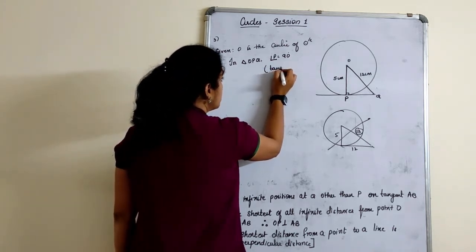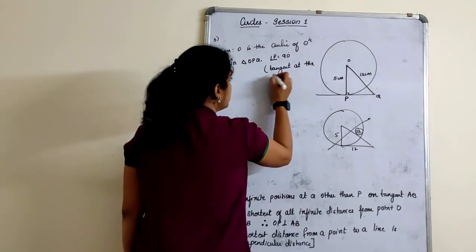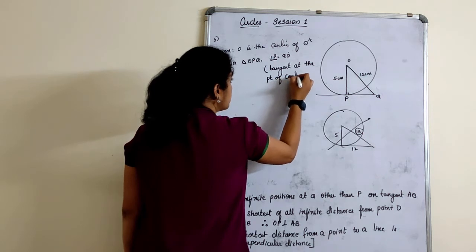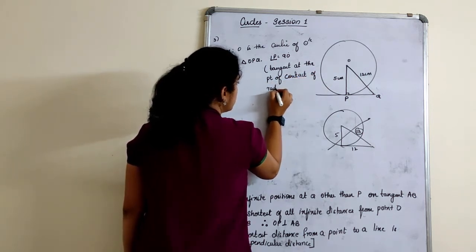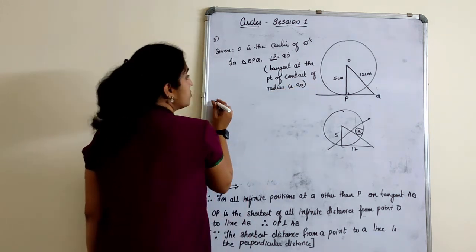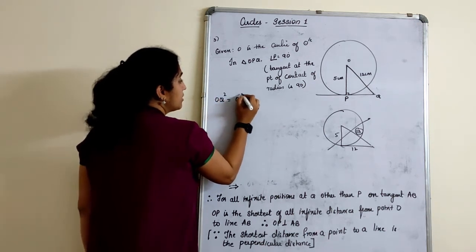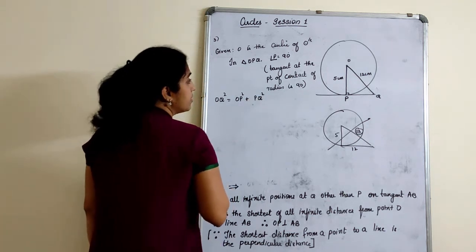Tangent at the point of contact of radius is 90 degrees. So since it is 90, OQ square is equal to OP square plus PQ square.